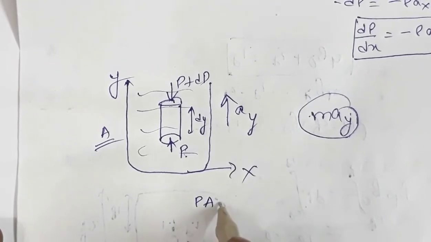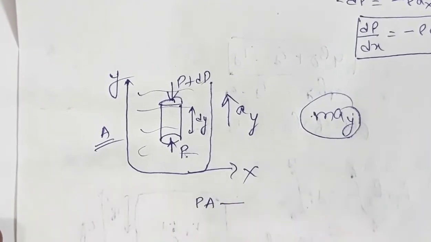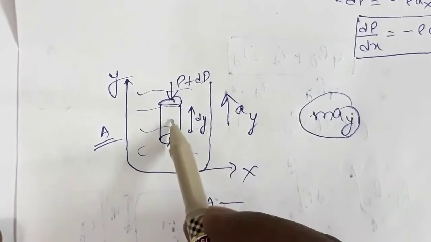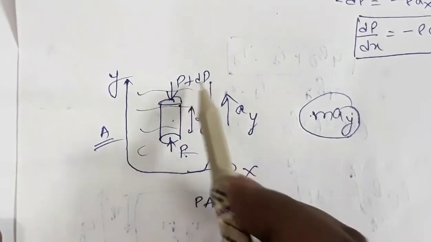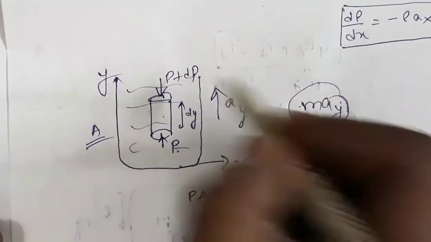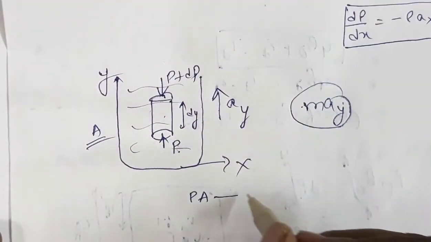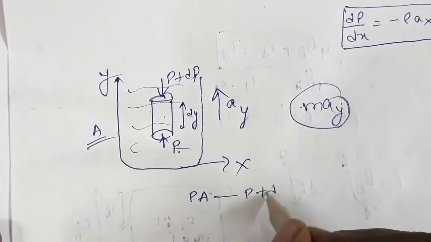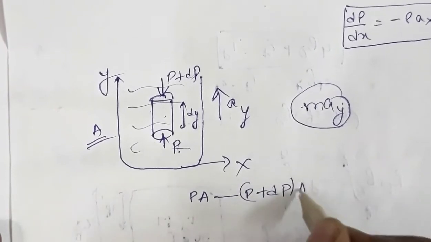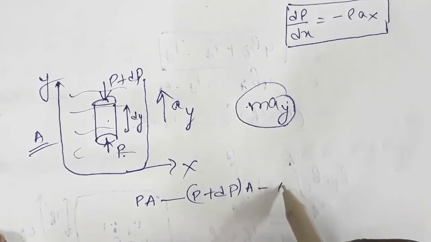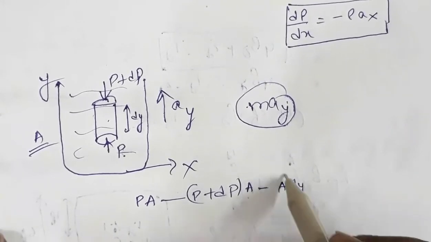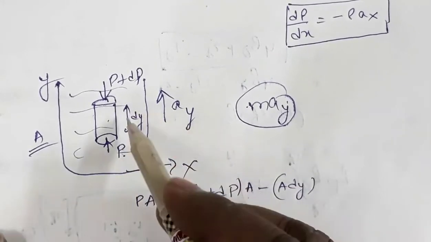This is the total force acting in the upward direction, minus the total force acting in the downward direction, which is the weight of this cylinder plus the force due to the pressure P plus dP, so that is P plus dP into A, plus A into dy, cross-sectional area into length of the cylinder.